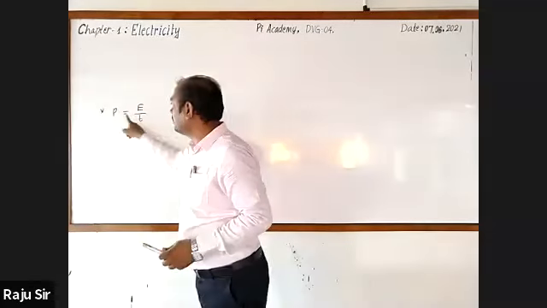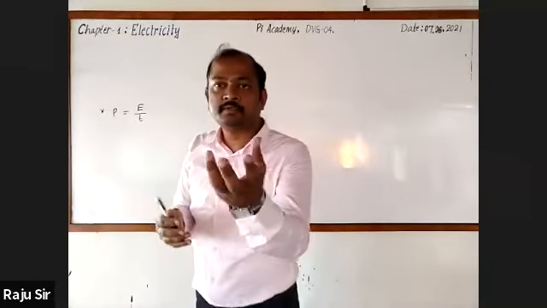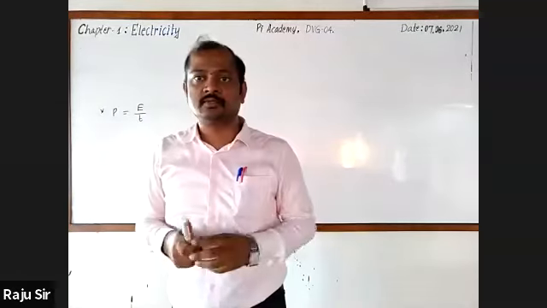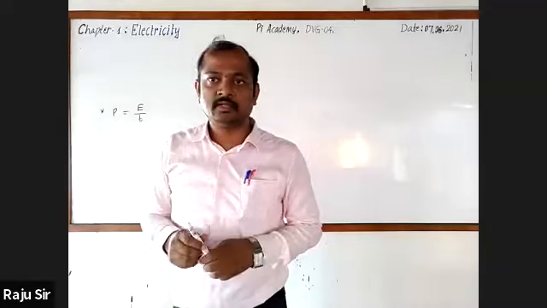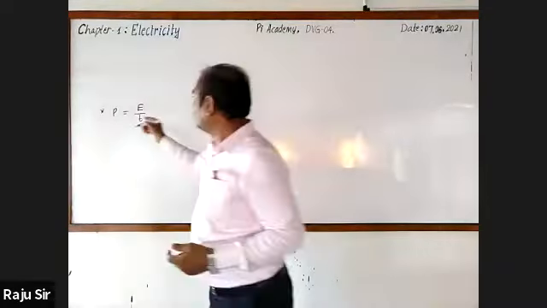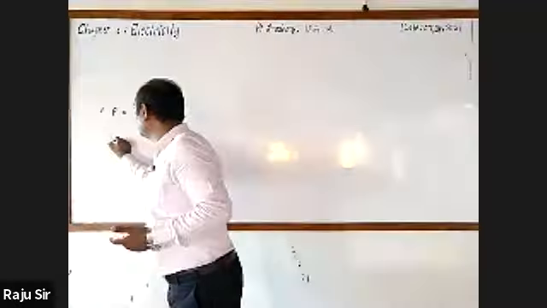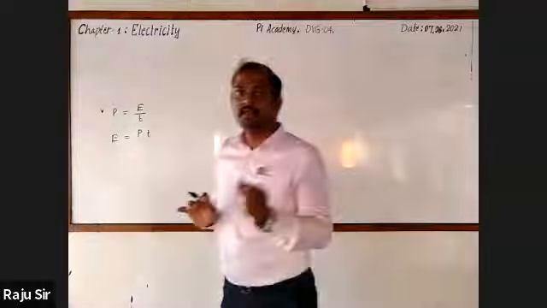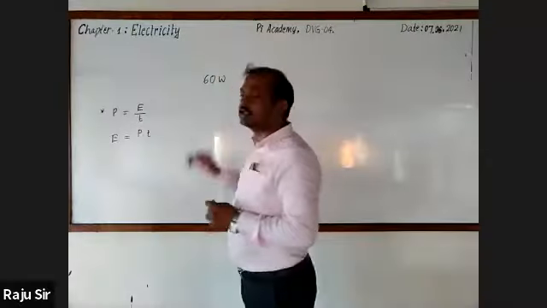It all depends on power, and you must know the power of that component as well as how long it is to be used. Got it? We have a formula P is equal to E by T, and here electrical energy E is equal to P into T. One example: we have taken a 60 watt bulb.